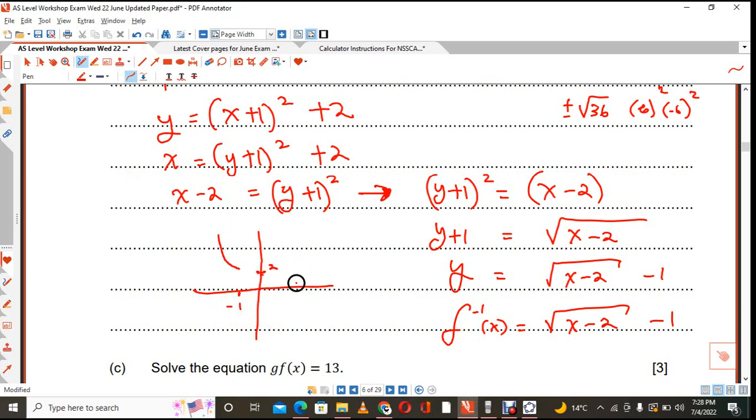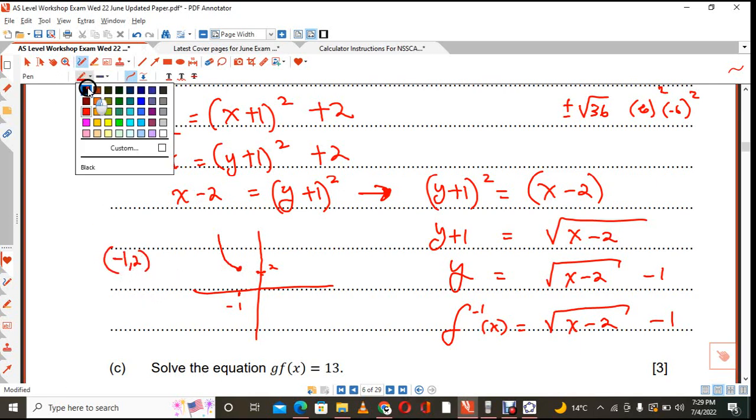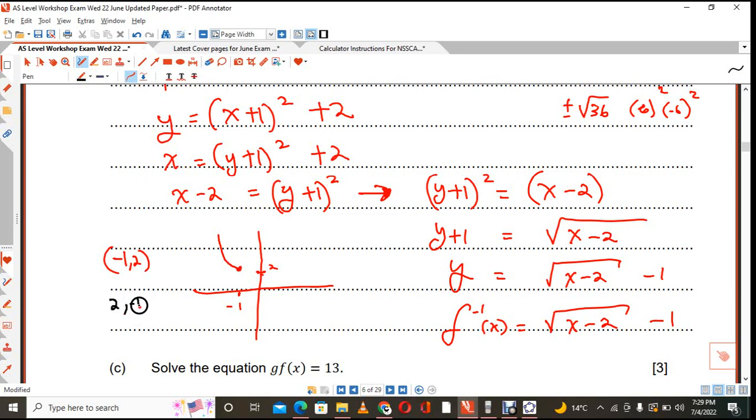Remember that's 2. So what we are swapping around now, whatever that coordinate point is, remember it's the point (negative 1, 2). If I swap it around for the inverse, I'm going to deal with (2, negative 1). So that will be 2, for example, and negative 1 will be somewhere here.